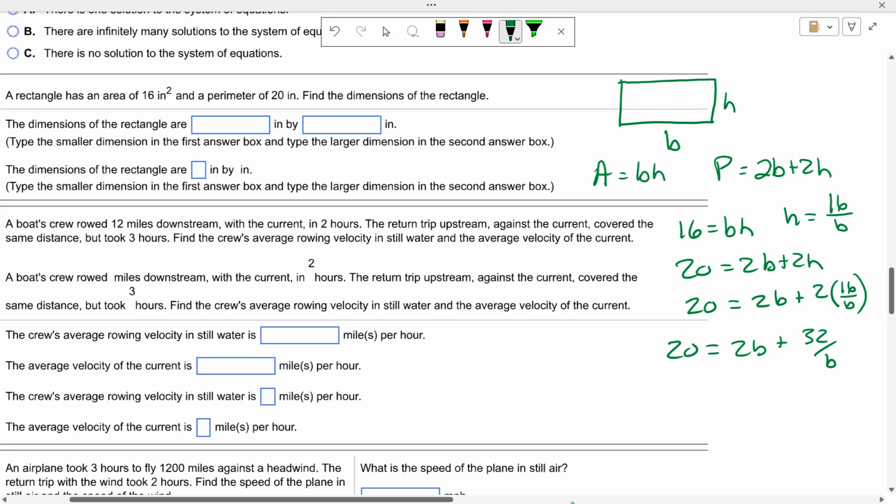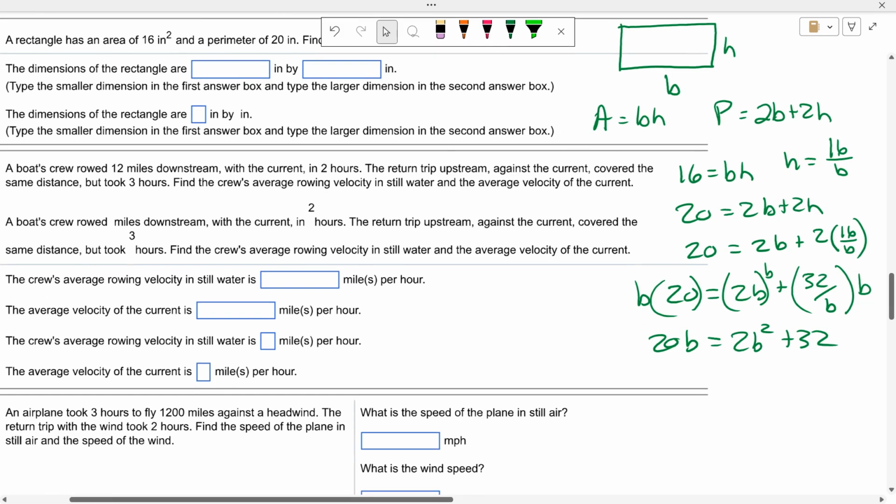So if we multiply everything by B to get rid of B on the bottom, 20B equals 2B squared plus 32. Now, if you want to use your graphing calculator for this, y1 would equal 20x, y2 would equal 2x squared plus 32.